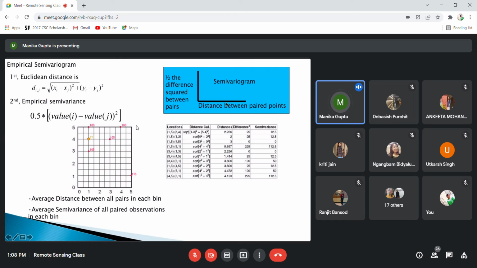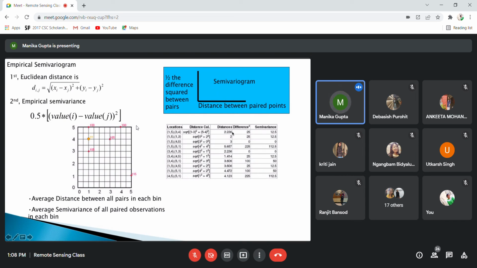So what we need for this is, we need to get the distance between the two paired points, and we need to calculate the semi-variance, that is half the difference squared between the pairs. So we take the distance into consideration and we take the value into consideration. So if we look at this first location, we have 1, 5. So 1, 5 is this location, 3, 4 is this location. So we have these 2 points. So what is the distance between these 2 points? How do we calculate it? We calculate the square root of this.